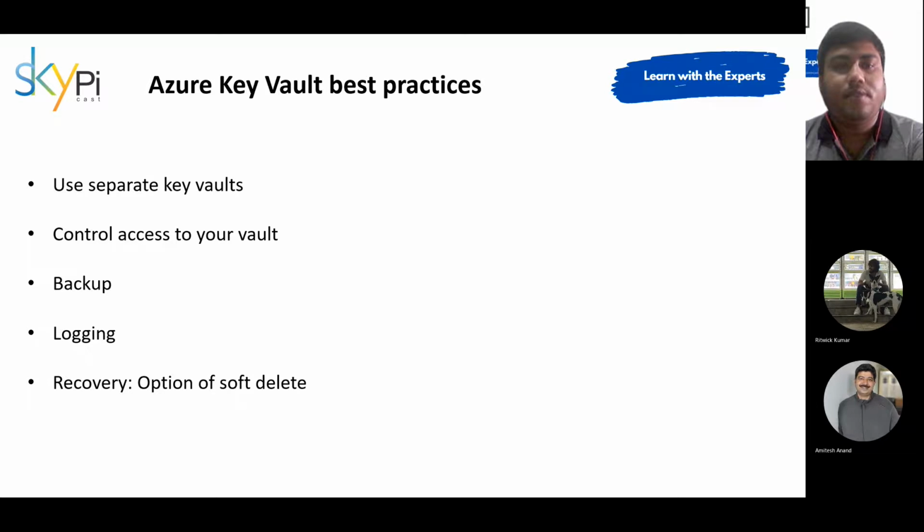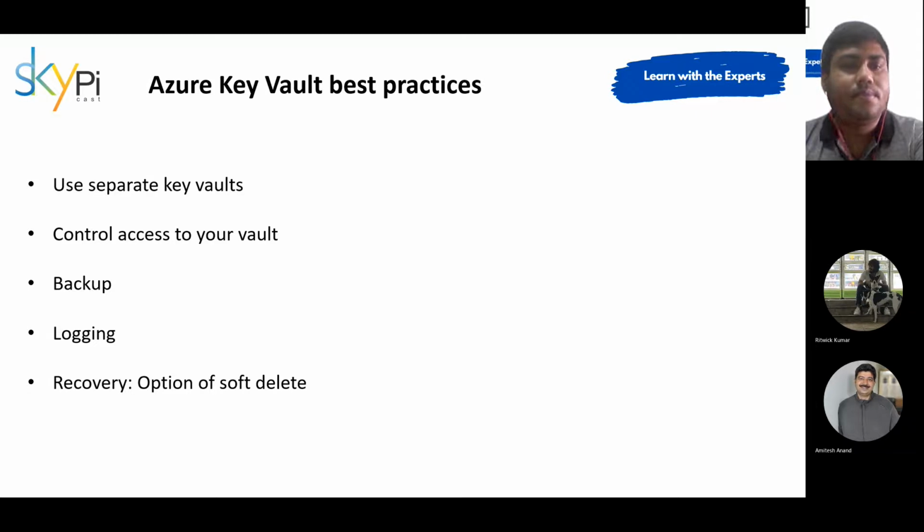If I want to give a person access to a single key vault, they will not have access to the other 4 applications' secrets. They will get access to only one, and they can't change stuff there. So this is a very important thing, to use separate key vaults.